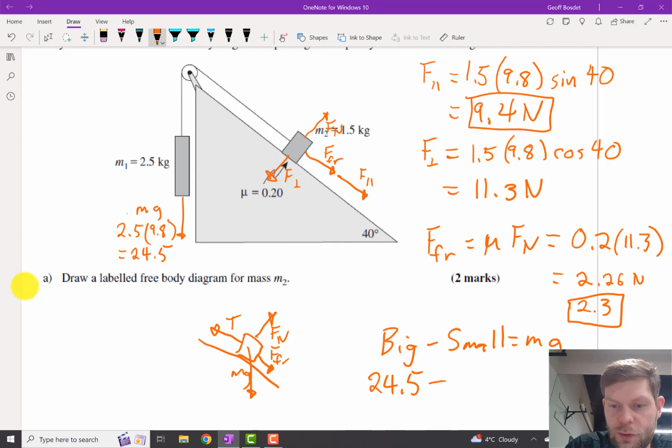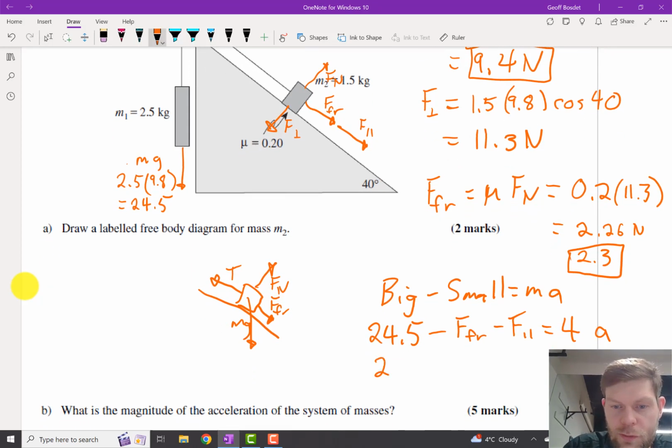So minus friction, minus F parallel is equal to our total mass, 2.5 plus 1.5 is 4 times A. So we got 24.5 minus 2.3 minus 11.3 equals 4 times A.